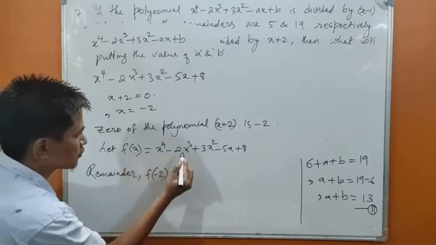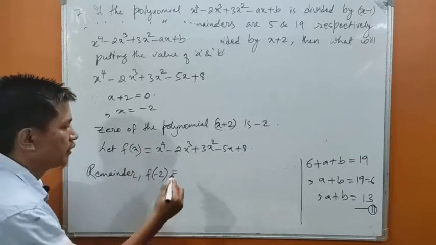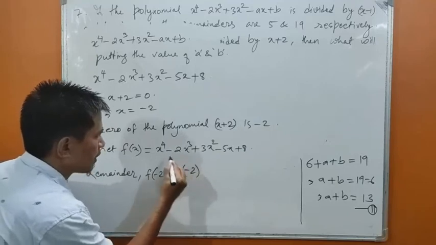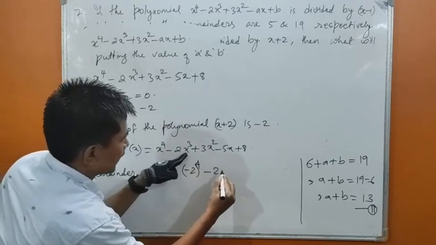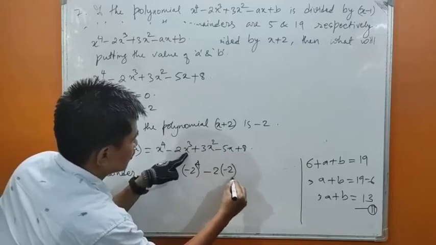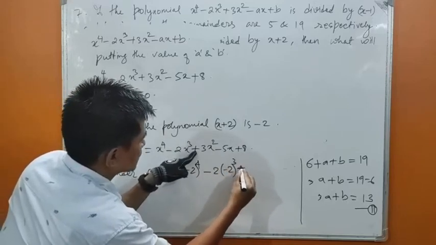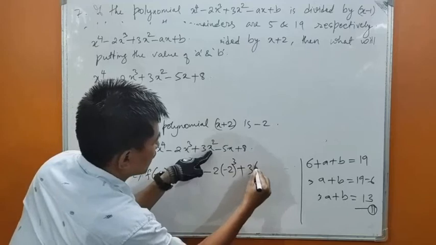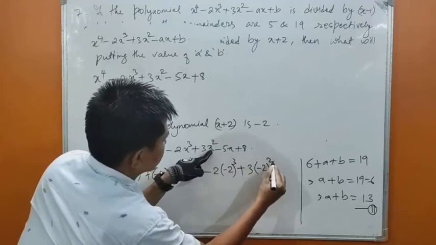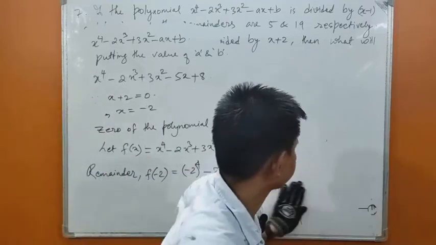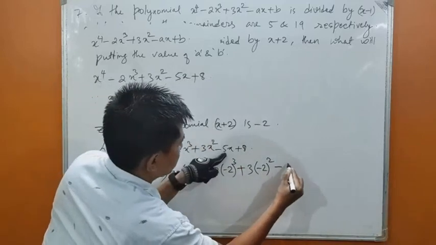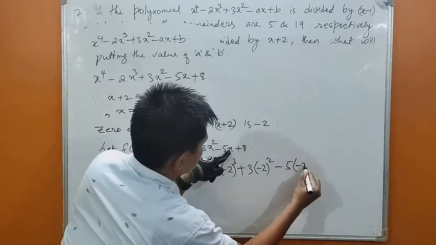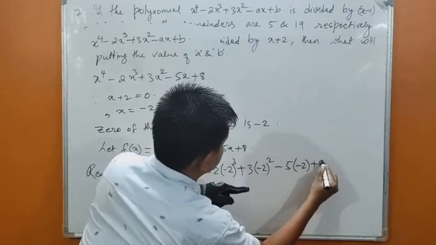Since f(x) is this, f(minus 2) will be minus 2 whole to the power 4, minus 2x means minus 2 whole cube, plus 3x square means minus 2 squared, again minus 5x means minus 2, plus 8.